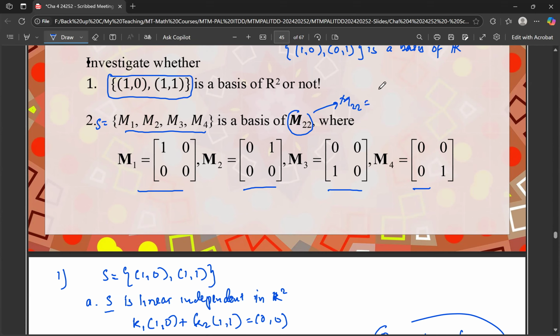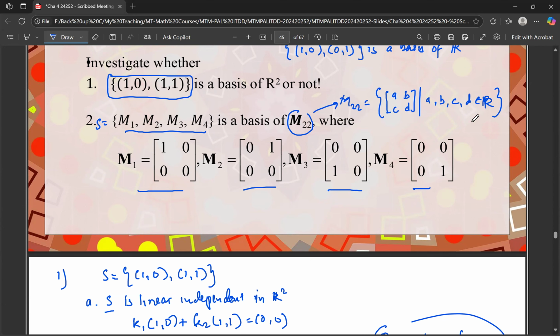M22 is the vector space of 2 times 2 matrices, where the components of this matrix are real numbers.